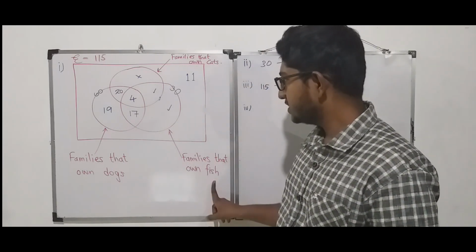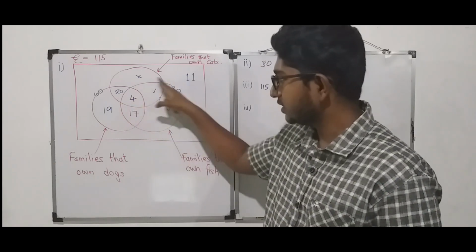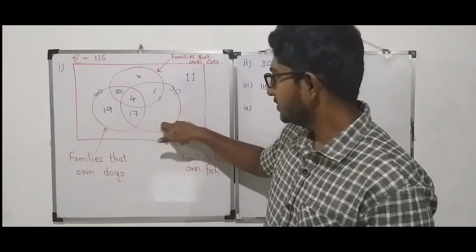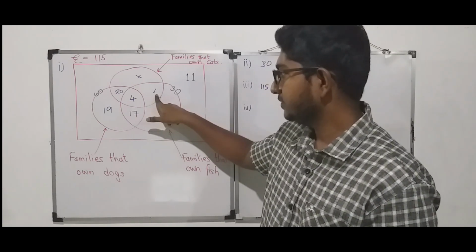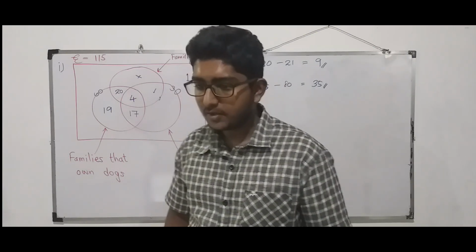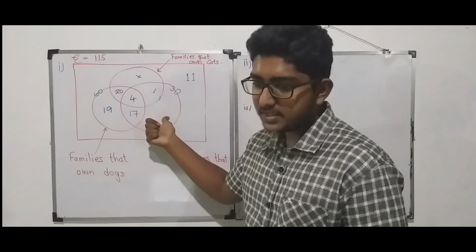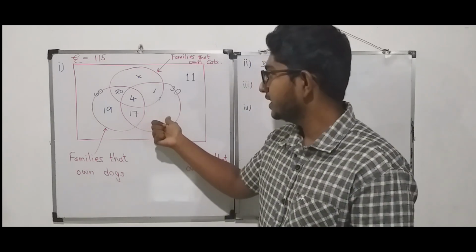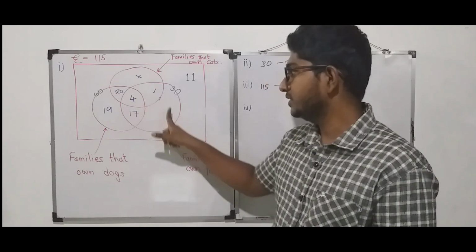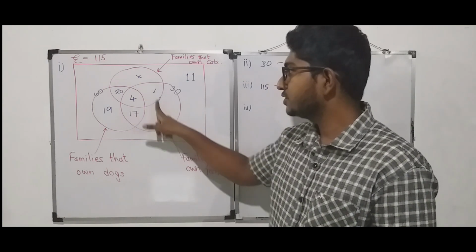Cats and fish, this is the region, but not dogs, so except this, that is this region. The number of families that own only fish is twice the number of families that own cats and fish but not dogs. So this value is twice of this.